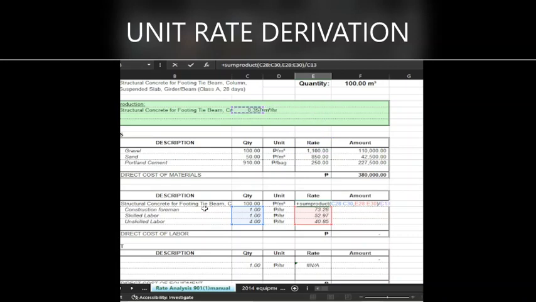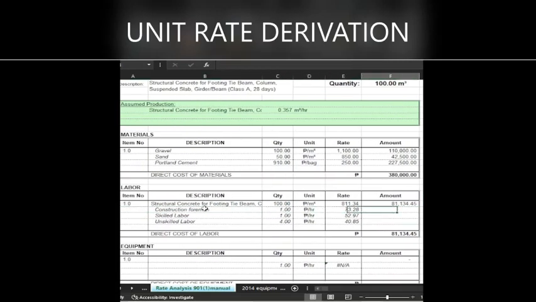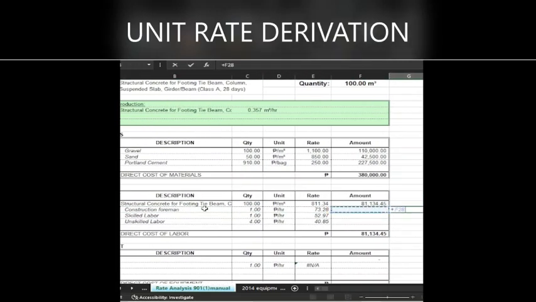So we have 811. If we compute this manually, guys, this is times this one, so drag the formula down, then the sum is like that. Then we divide this total by 0.357.